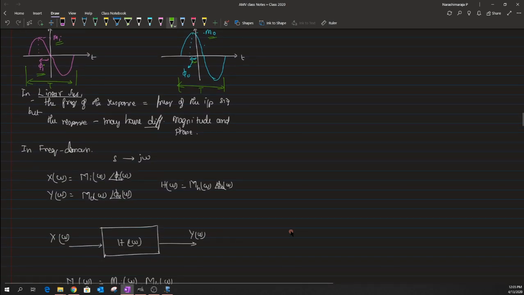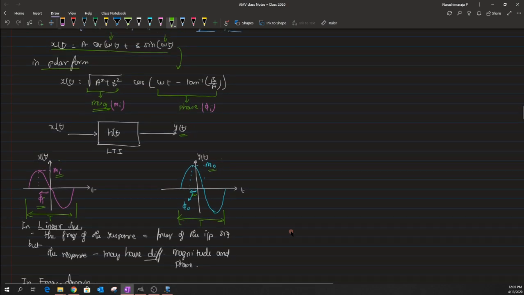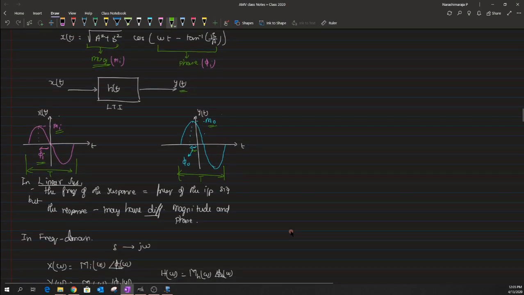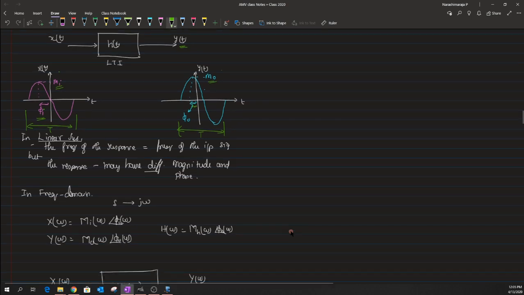Now, in order to translate this timing response behavior into what is known as frequency response behavior, and to study those behaviors in general, as I said, we have to map this s to j omega.